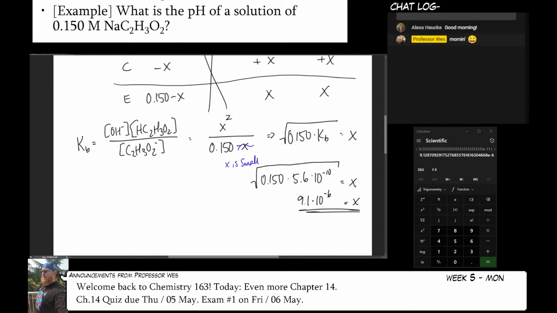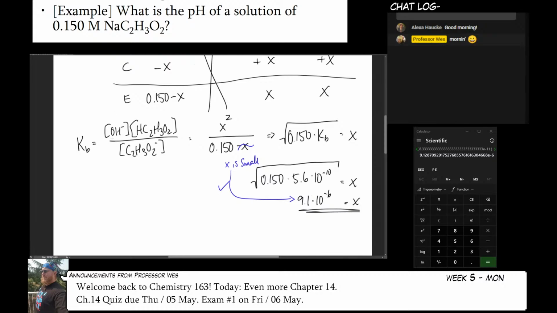Without even having to do a calculation to check, we're already good on that, right? Something times 10 to the minus 6 divided by 0.15, definitely not going to be greater than 5%. So this is fine.